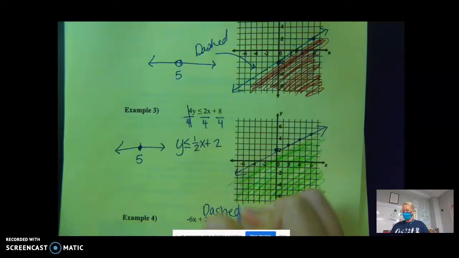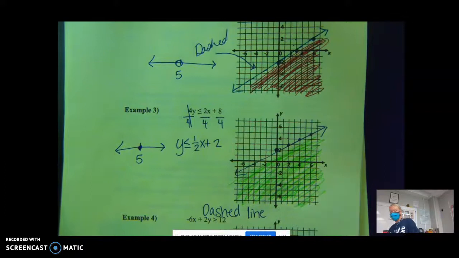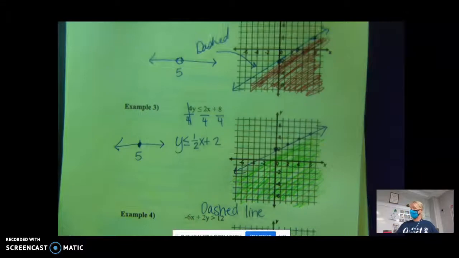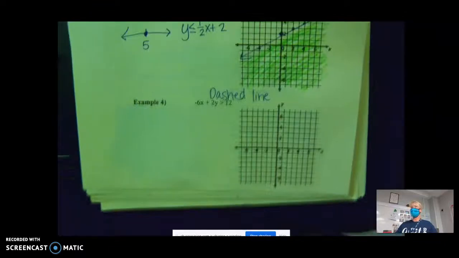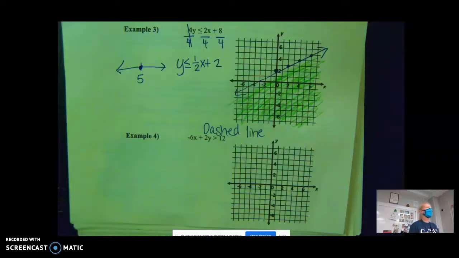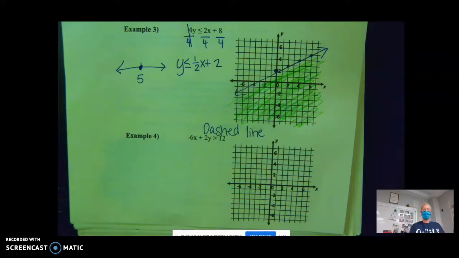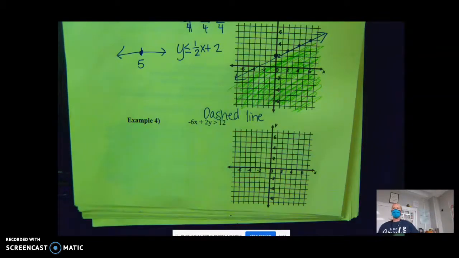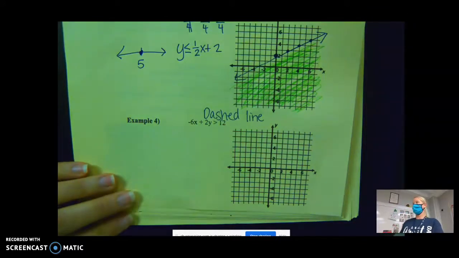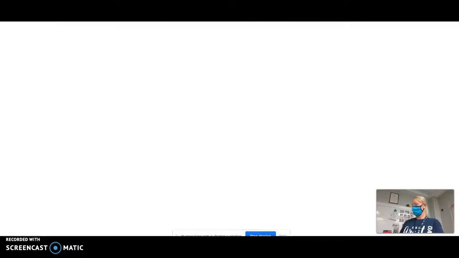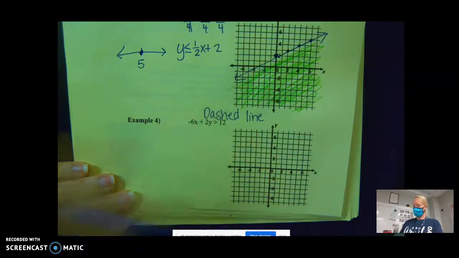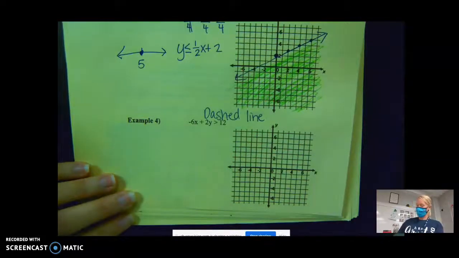Okay, on your own real quick, I want you to get negative 6x plus 2y is greater than 12 into slope-intercept form. So I want the y on the left-hand side by itself and everything else on the right-hand side. So go ahead and do that. Not yet.